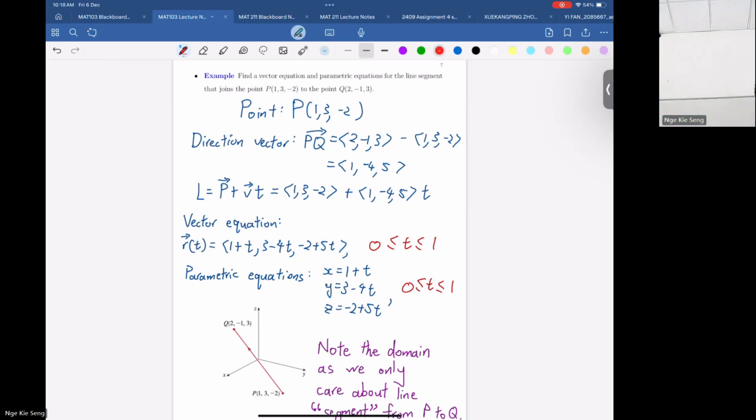You know how to change orientation given this line equation here? You just make your direction vector negative, so you will go the other direction.